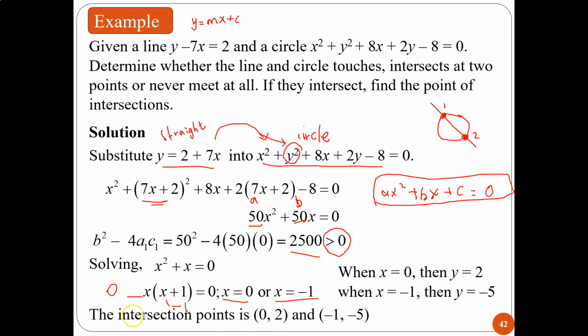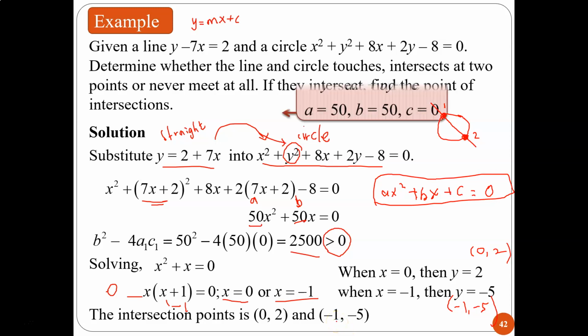So you know that the intersection point is 0, 2, this one, and the other one is negative 1, negative 5. Okay, that's it. That's the 2 points, 2 intersection points.